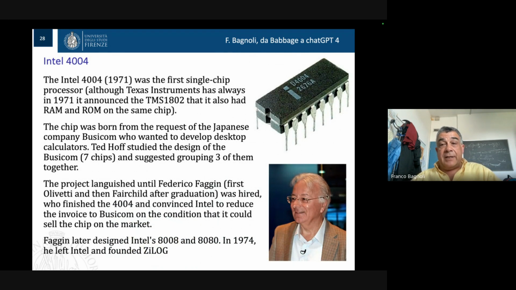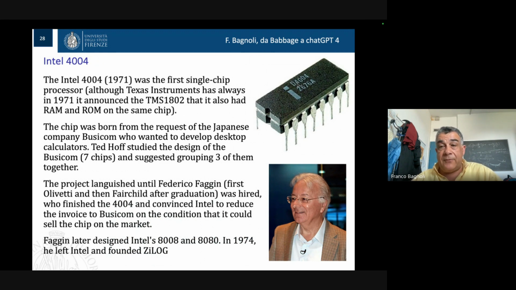Federico Faggin, after a while, also left Fairchild and passed to Intel, and he started designing the first essentially CPU on a chip, a microcontroller all on the chip.